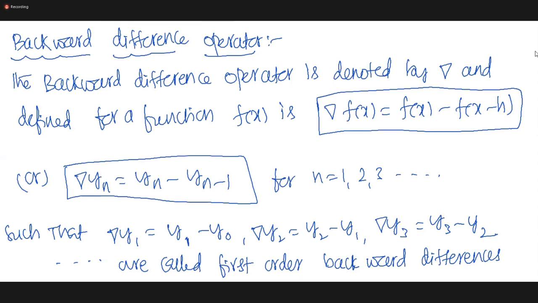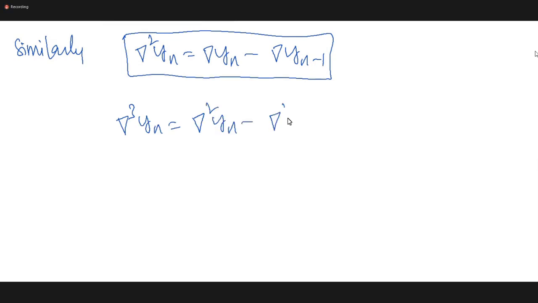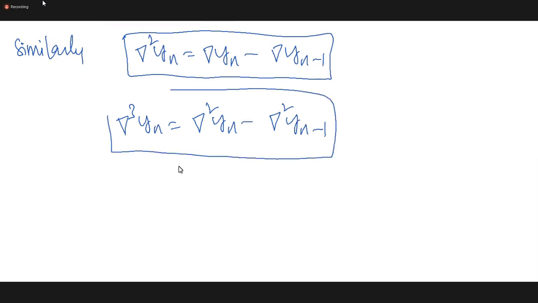Next, second order. Similarly, del square yn is equal to del yn minus del yn minus 1. Next, del cube yn is equal to del square yn minus del square yn minus 1. And so on.